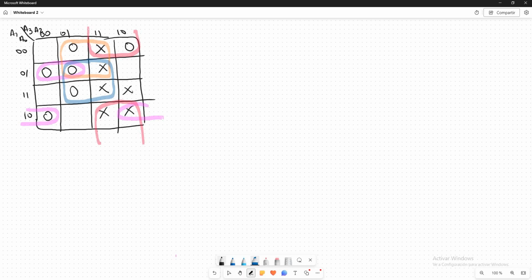So we are going to assign names and to solve the Karnaugh map. I like to use imp from implicates to distinguish between implicant and implicate.